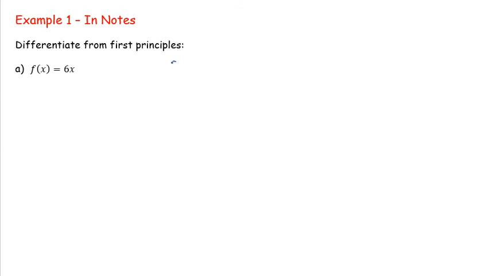So the first thing to do would be to state that I know the definition of the derivative is the limit as h tends to 0 of f of x plus h minus f of x all over h. So that is the derivative. Now, the next thing to state is that f of x I know is just 6x, because it's telling me there, f of x is 6x.